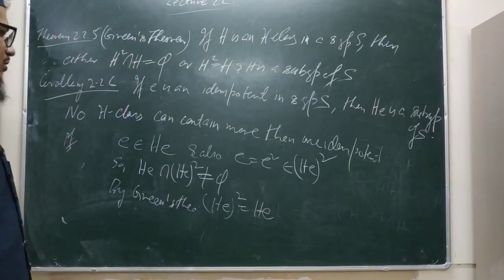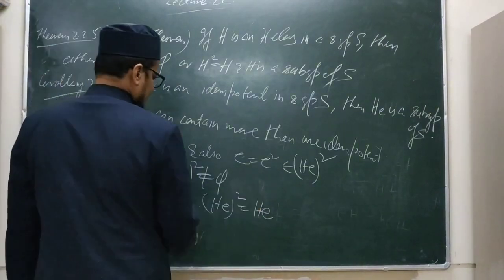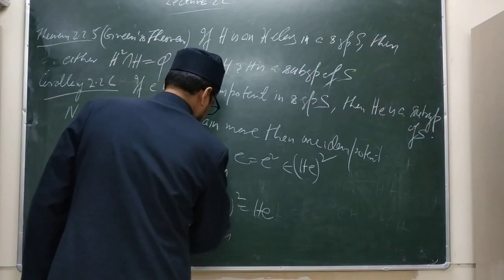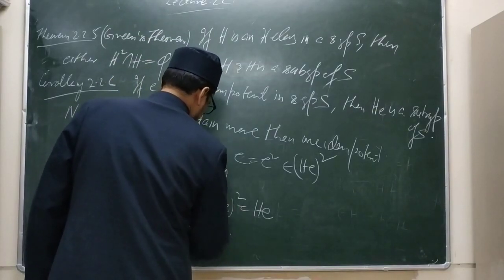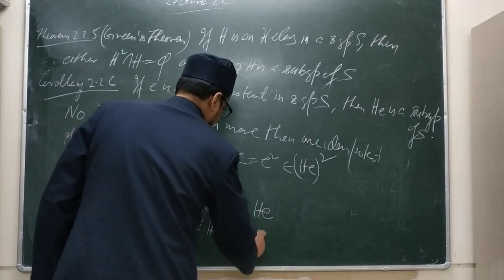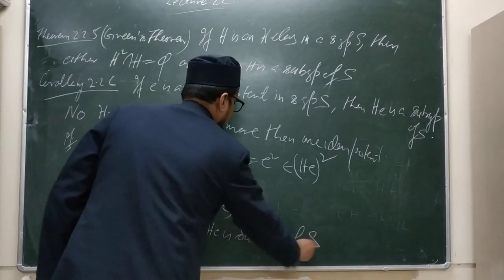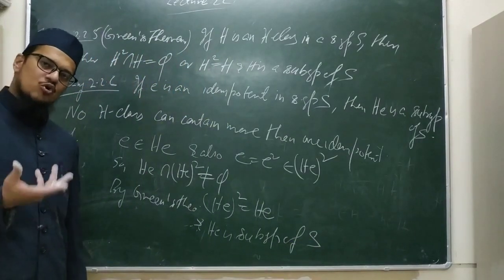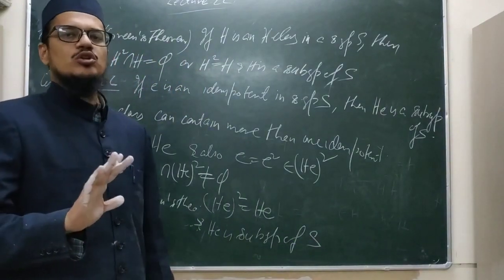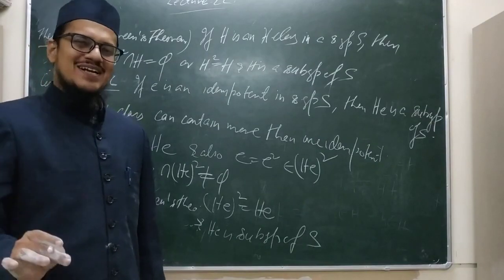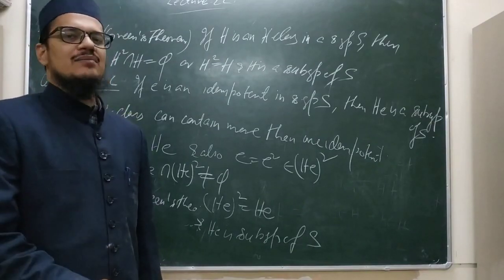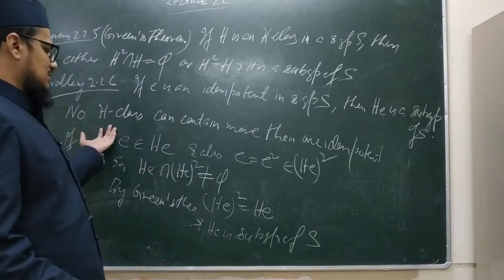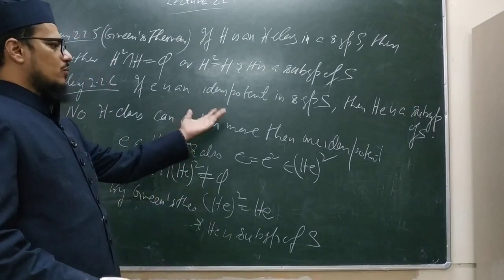This we have by Green's theorem, and when He square is equal to He, so He is what? Subgroup of S, isn't it? And as He is a group, no group contains more than one idempotent. Idempotent element in a group is the only identity element of the group, isn't it? So this part is proved that no H class can contain more than one idempotent.